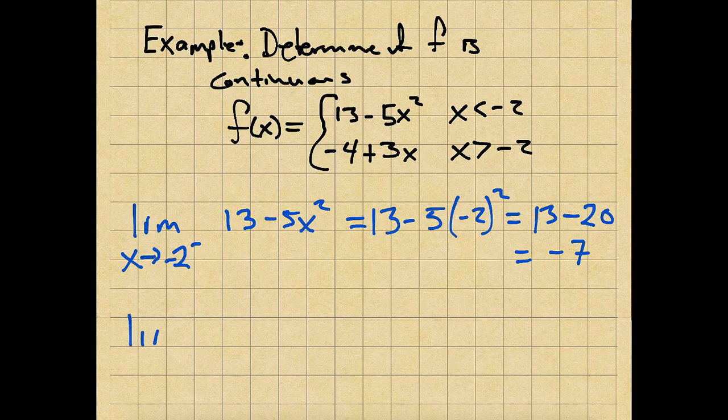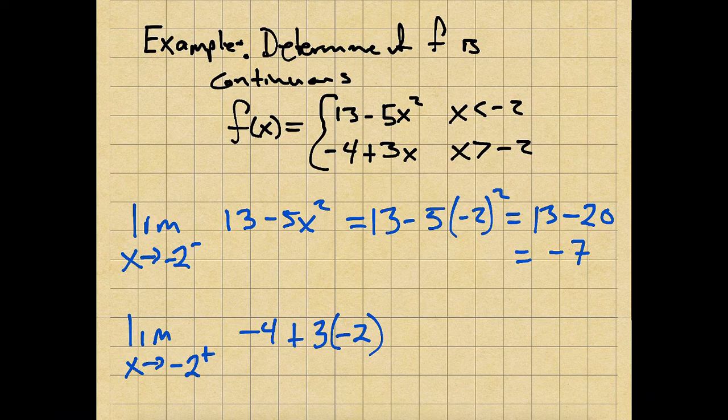We then need to look at what the limit is as x goes towards -2 from the right side. From the right side, we would want to put a -2 right there.